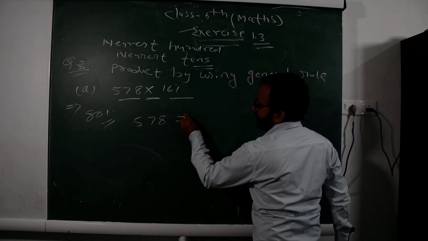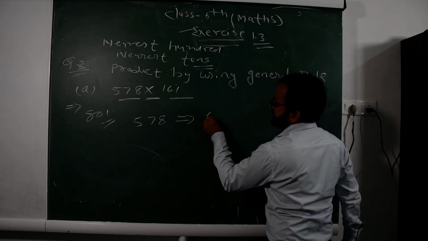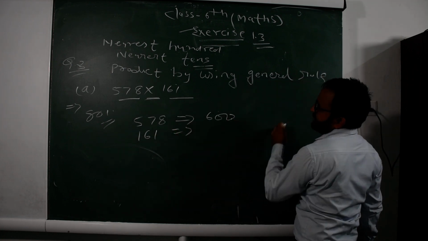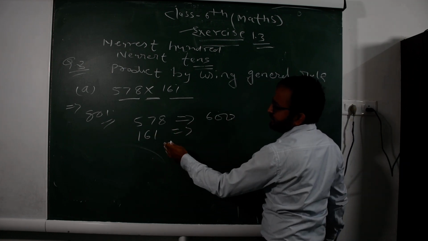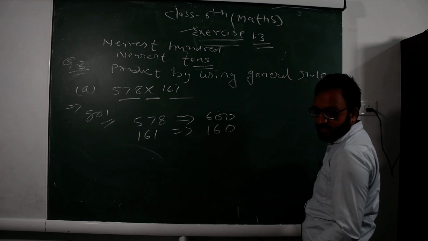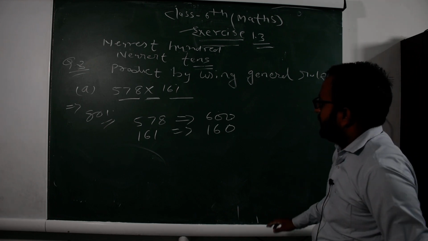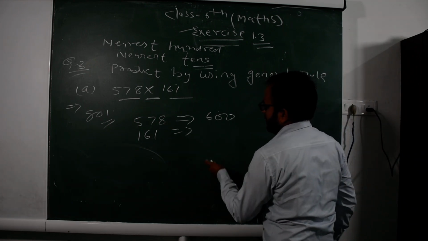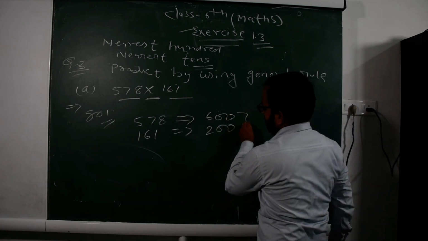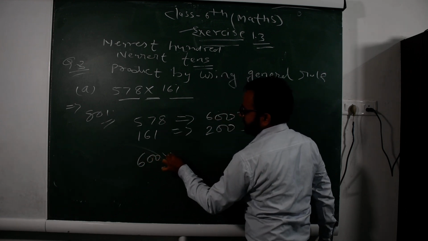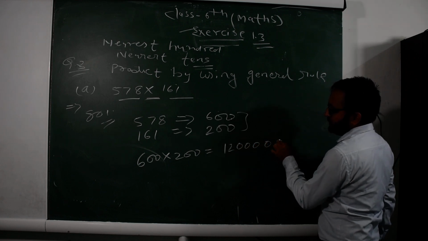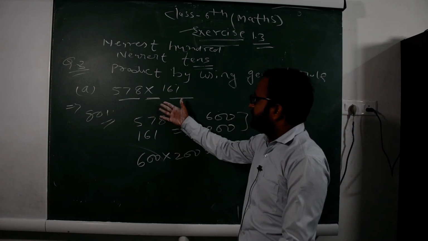So the approximate value is 600, and here 161. Because we apply the general rule, we judge 161 is nearest to 200. Okay, so we perform multiplication, that means the product is 120,000. So this is your answer of this question.